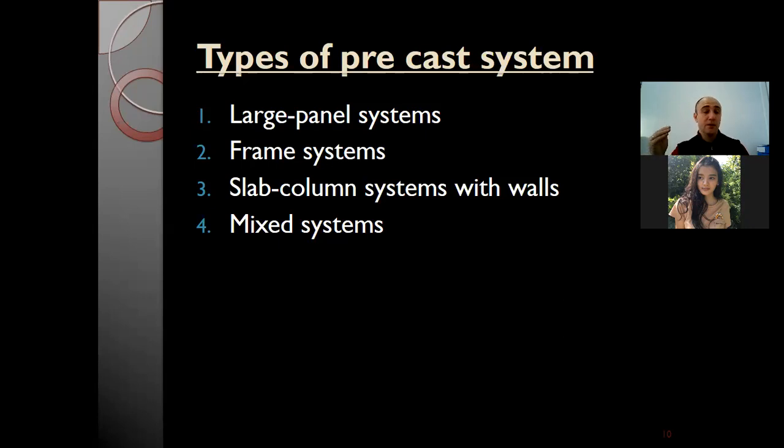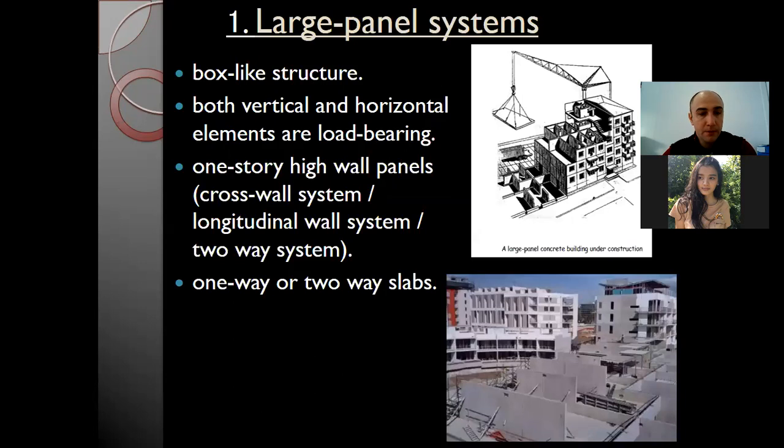They are the large panel system, frame systems, slab column system with walls, and the mixed system. So let's start talking about the large panel system, its main features, application forms, and so on.